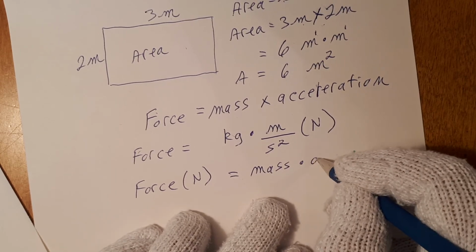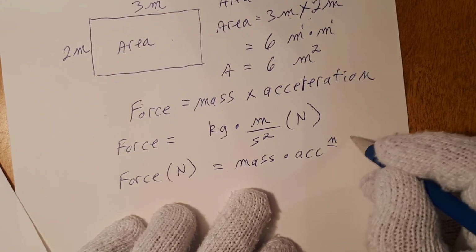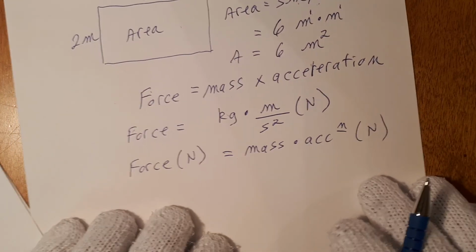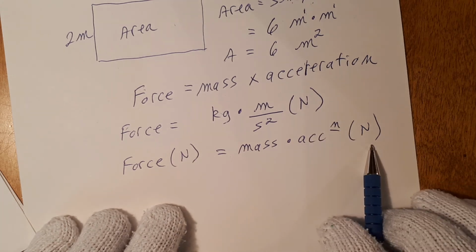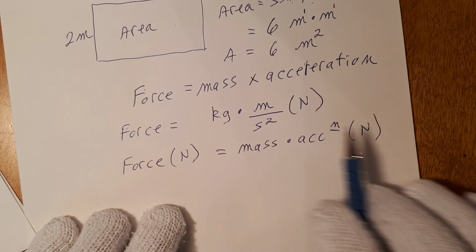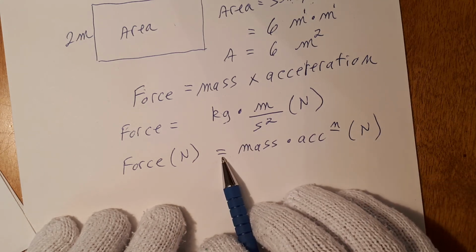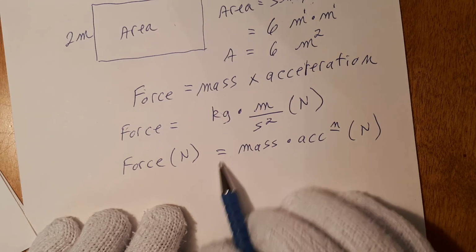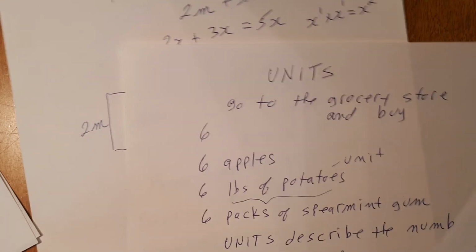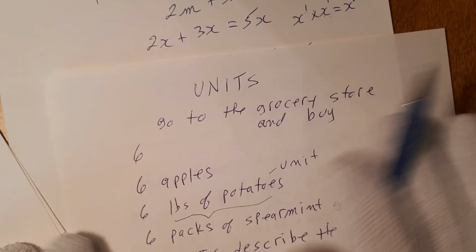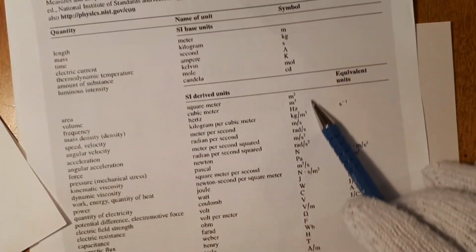Here's my short form for acceleration. And this has the unit of Newton. As a result, the newtons on the left-hand side are equal to the newtons on the right-hand side. The units on the left-hand side have to equal the units on the right-hand side, otherwise it won't be an equation. And this is a short conversation on units, the base units and the derived units.